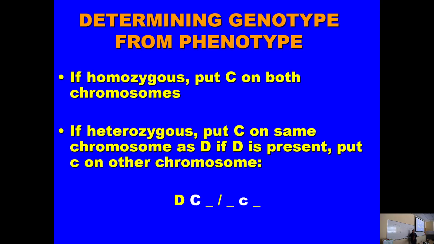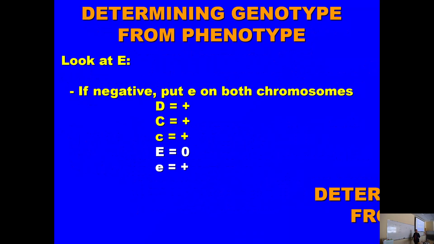Okay? So I got my little c there because my little c was positive. So now we're going to bump to the E's. Now, big E is negative. So I look, my little e is positive. Since big E is negative, I know that I'm going to put little e's in both of these because there is no big E to put on my chromosome.